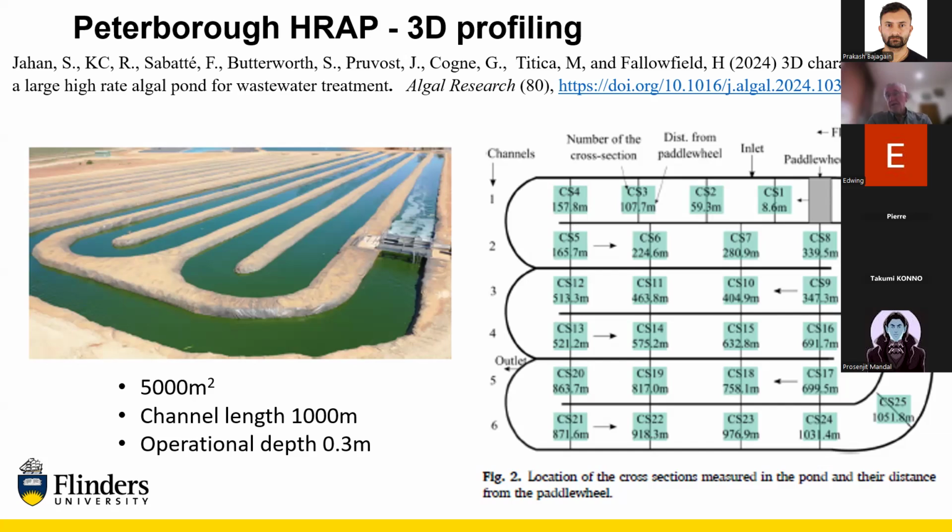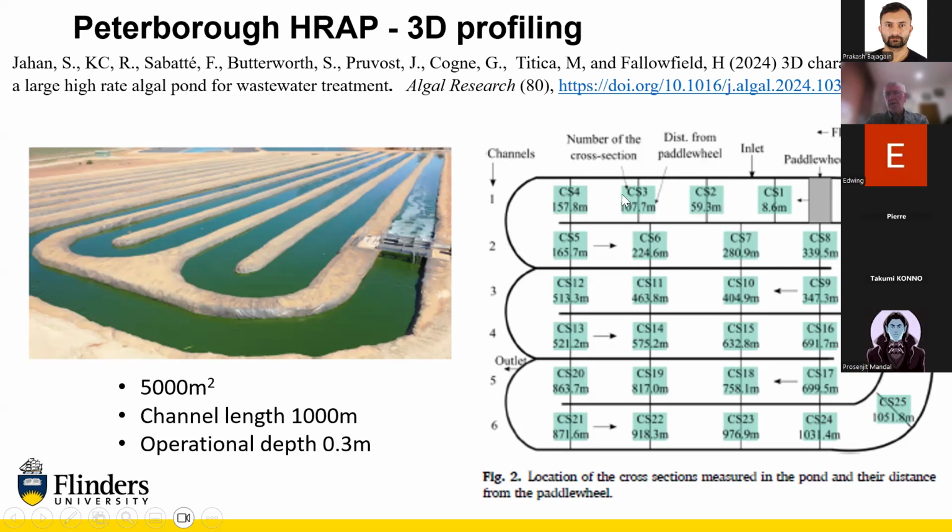The paddle wheel is only rotating at 12 revolutions per minute, so it's not spinning really fast. How does it mix? This is from Selene's paper, with the excellent diagrams she included in her thesis. The paddle wheel is here, the wastewater comes in here from the anaerobic ponds, and we set up sampling stations along the flow path.